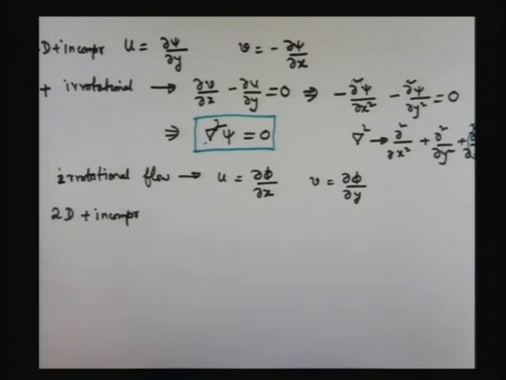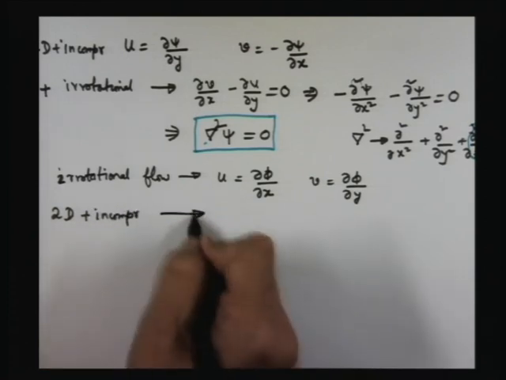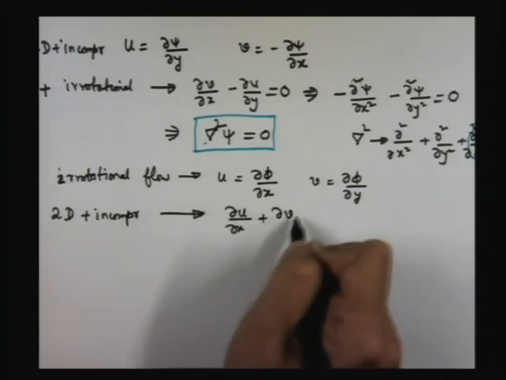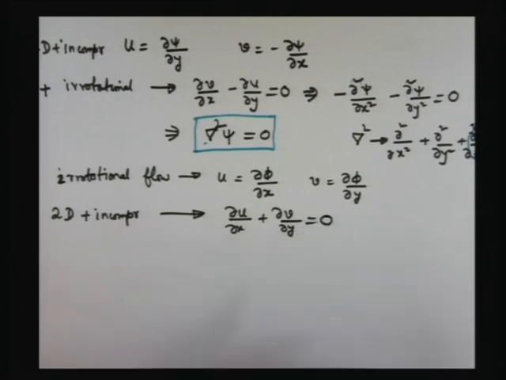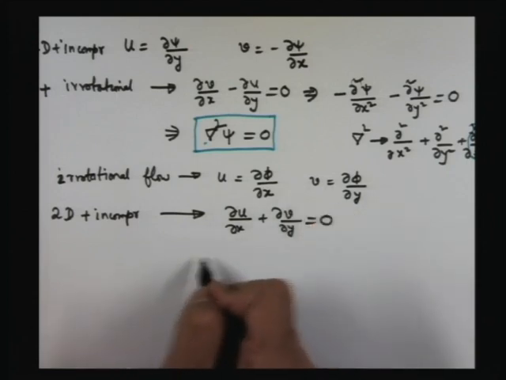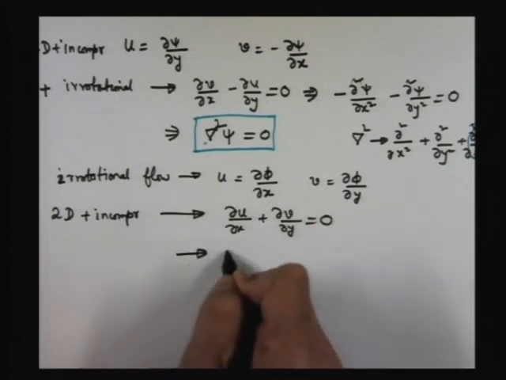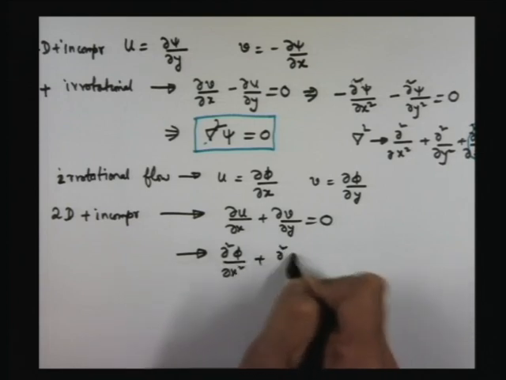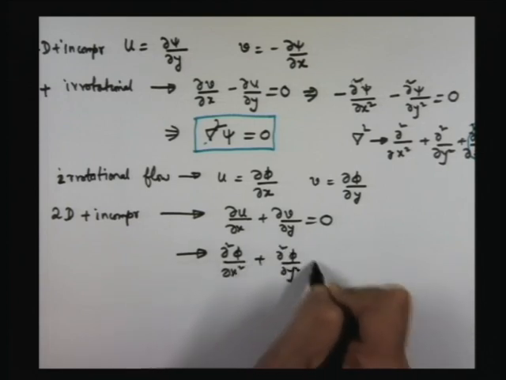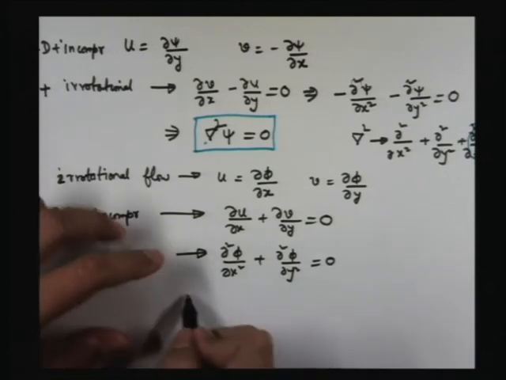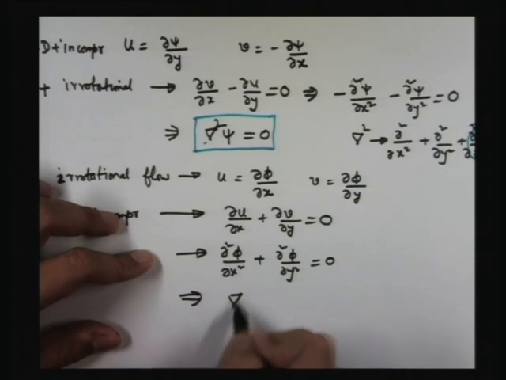That means it should satisfy the continuity equation del u del x plus del v del y equal to 0. So you substitute u equal to del phi del x and v equal to del phi del y. This will mean del square phi del x square plus del square phi del y square equal to 0. That means you have del square phi equal to 0.